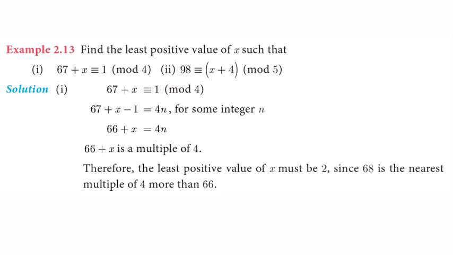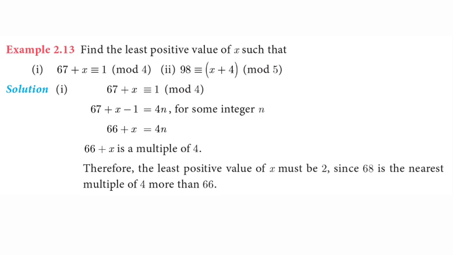Here a is 67 plus x, b equals 1 mod 4. Therefore a minus b equals 4n. A value 67 plus x minus b value 1 equals 4n, n for some integer. Therefore 67 minus 1, 66 plus x equals 4n. Substitute x equals 0, 1, 2, 3 etc.